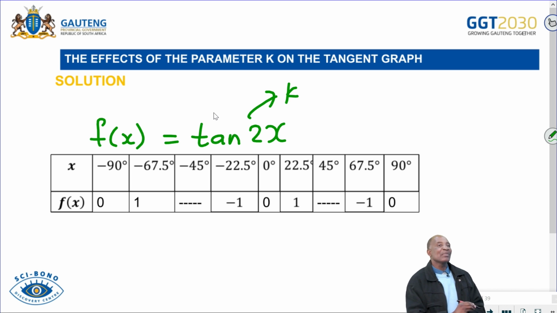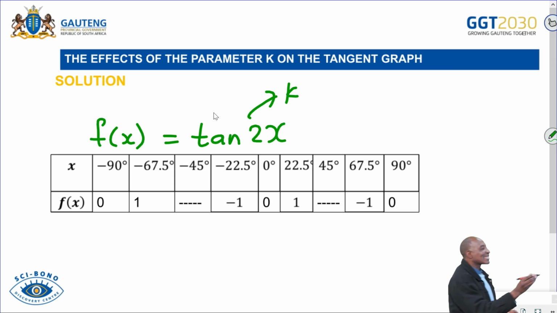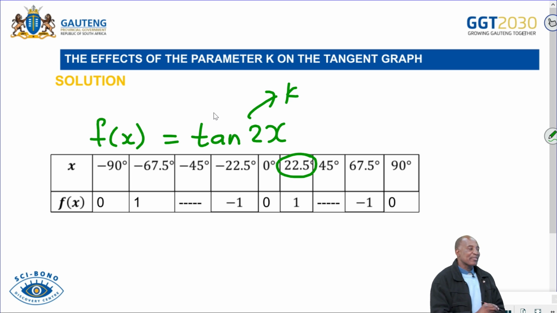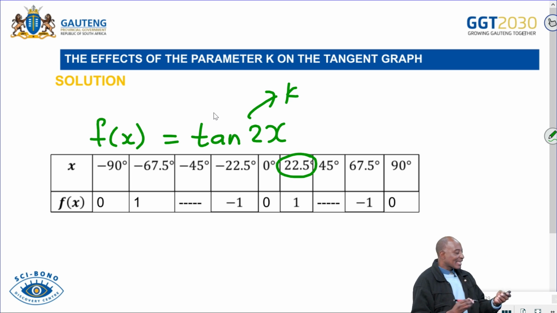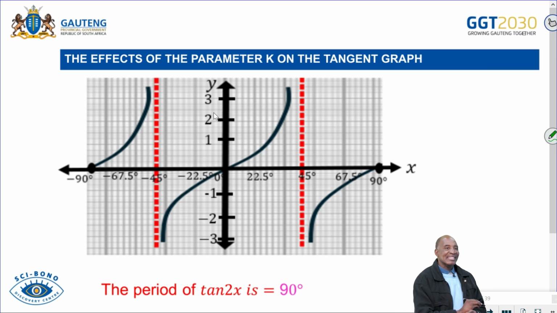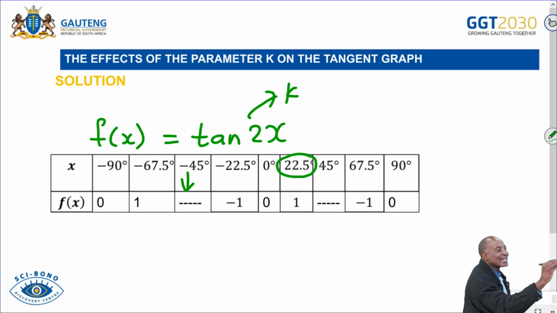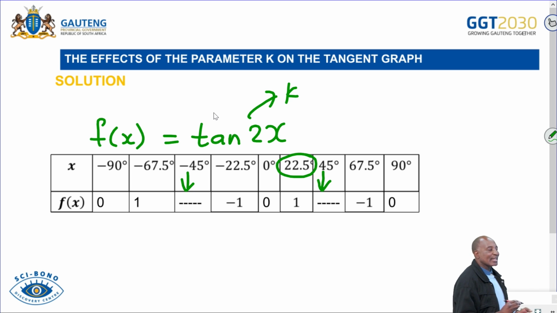We have introduced our parameter k as 2x. That's the k parameter. Again, I see some lines of asymptotes, but I've changed the step. It's now 22.5. If you sketch this graph also, this is how it's going to behave this time. My lines of asymptotes are now at negative 45 and at positive 45 and so on.